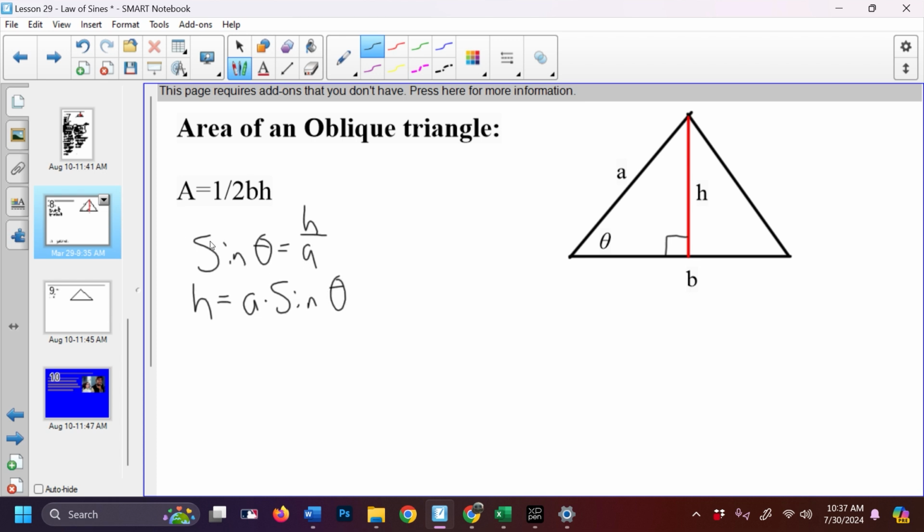I'm just cross multiplying. Multiply both sides by a. What I can do is take this original formula for area and replace the h with this expression right here. So that would give me A is equal to 1/2 that base times a times the sine of theta.